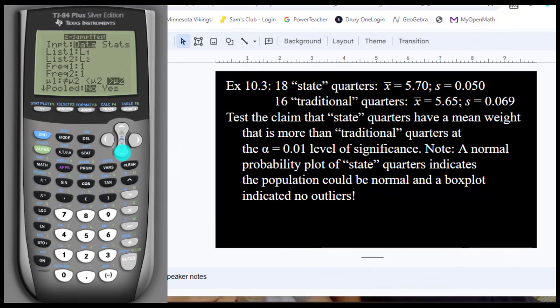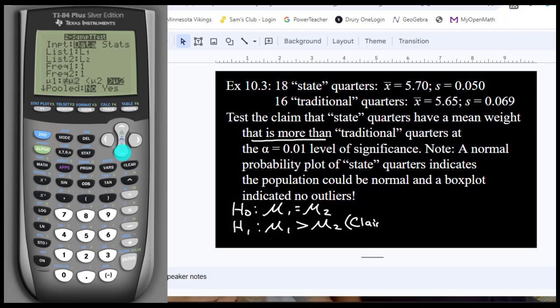And now let's state our stuff here. H sub 0 is still that the 2 means are the same. H sub 1, the alternative hypothesis, will be, so test the claim that the state quarters have a mean weight that is more than, so the state quarters are our first group, so mu sub 1 is greater than mu sub 2. That is our claim.